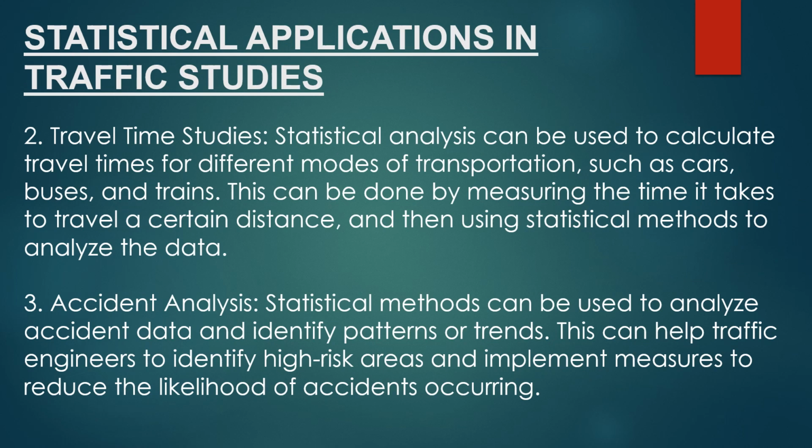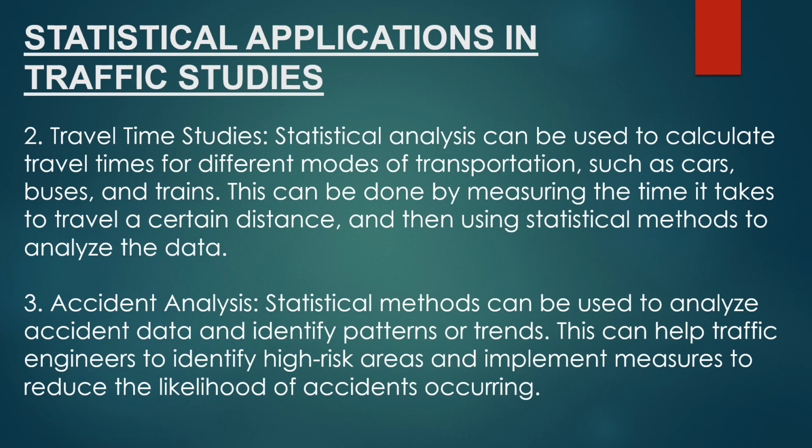The second one is travel time studies. Statistical analysis can be used to calculate travel times for different modes of transportation, such as cars, buses, and trains. This can be done by measuring the time it takes to travel a certain distance and then using statistical methods to analyze the data. The third one is accident analysis.